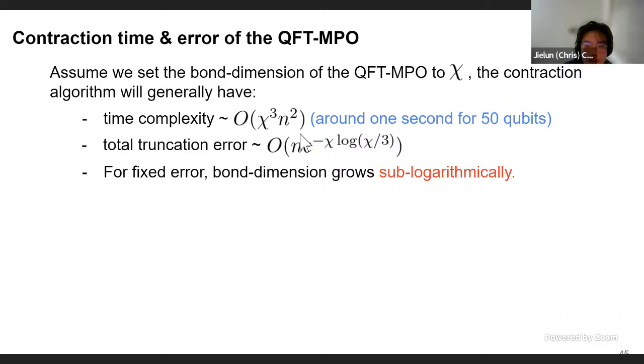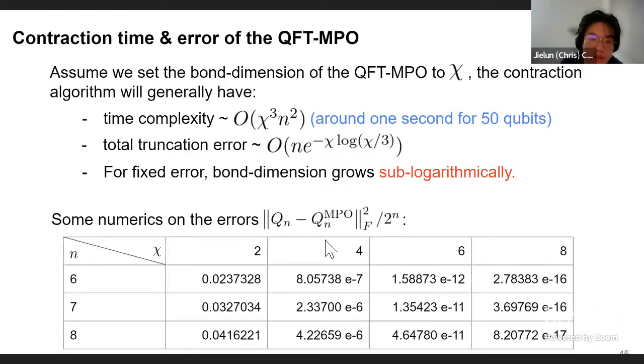The total truncation error will scale linearly with the number of qubits because we're doing truncation for all cuts of the operator, and it scales especially well with the bond dimension. For a fixed error, the bond dimension will grow logarithmically.